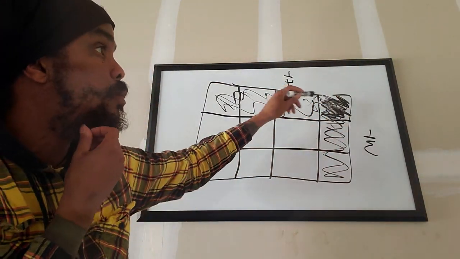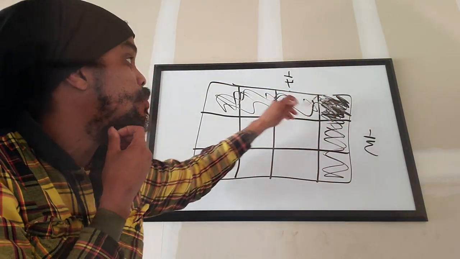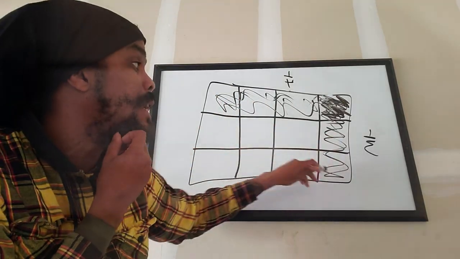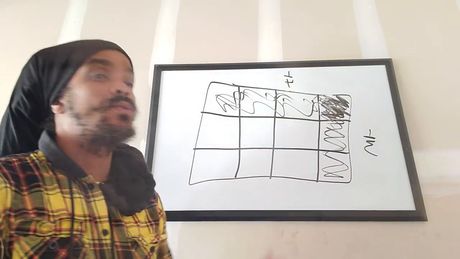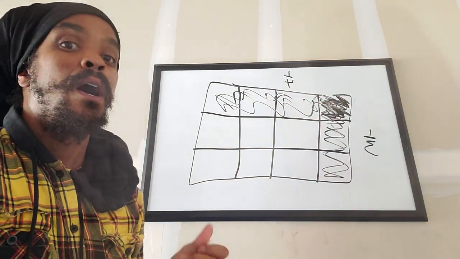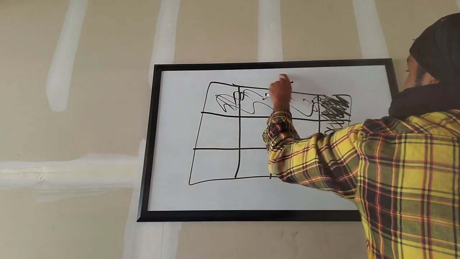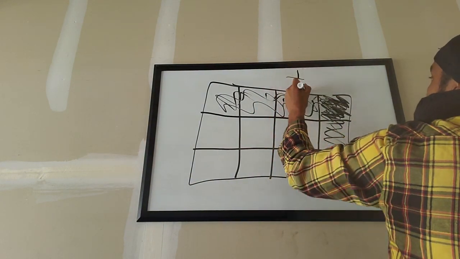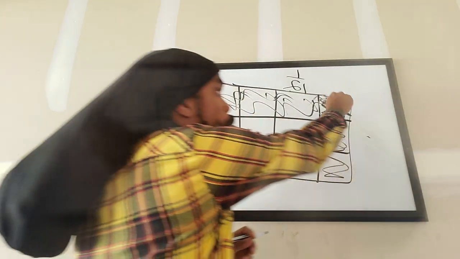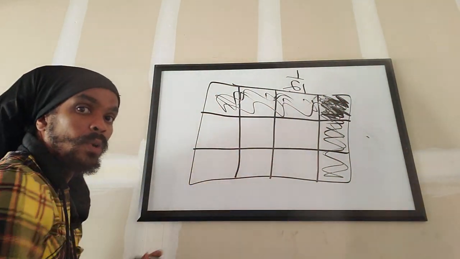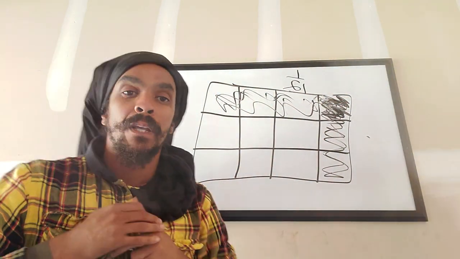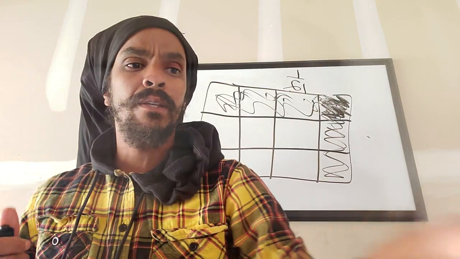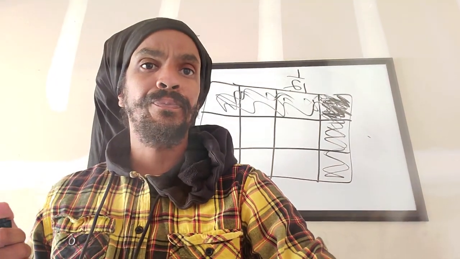Let's see what the fraction of the whole is now. 1, 2, 3, 4, 5, 6, 7, 8, 9, 10, 11, 12. So now that's 1/12. So our answer would be 1/12 because it's 1 of the 12 of the whole. Okay? So let's go on to the next problem here.